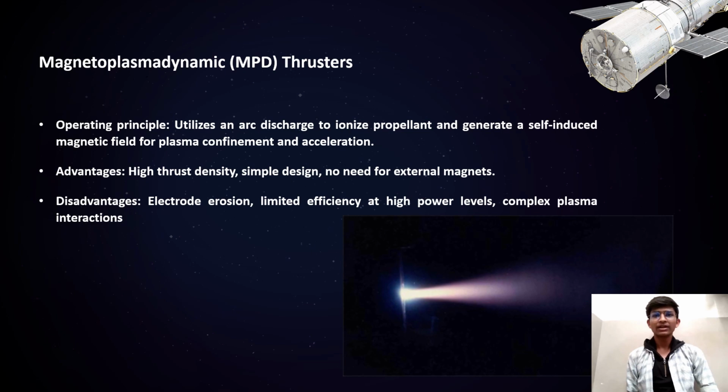This magnetic field confines the plasma and directs its flow, ultimately producing thrust. While MPD thrusters offer advantages like not requiring external magnets, they can suffer from electrode erosion and exhibit complex plasma interactions, leading to challenges in scaling their efficiency at high power levels.